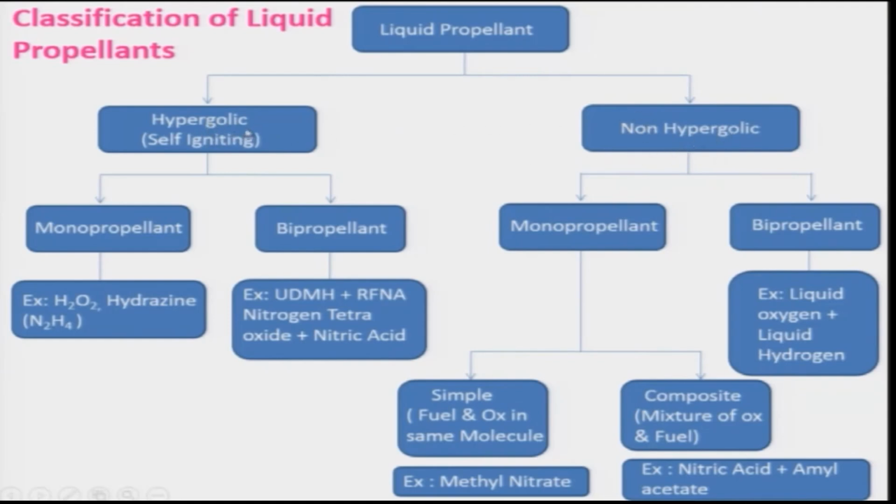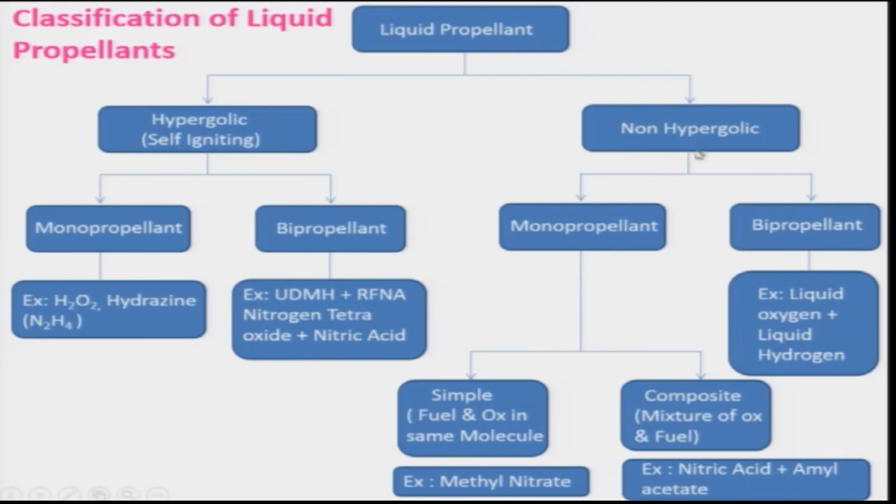Hypergolic propellant means that the propellant can be ignited without any aid of external energy or ignition energy, and therefore, one has to be a little careful about hypergolic propellant, particularly while handling and storing it, because it can ignite itself.